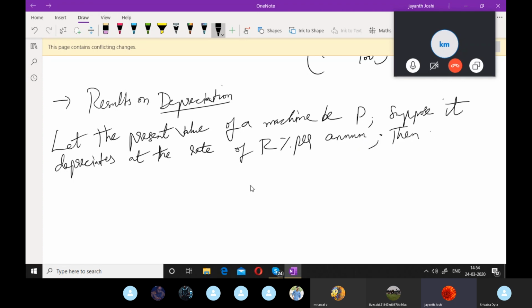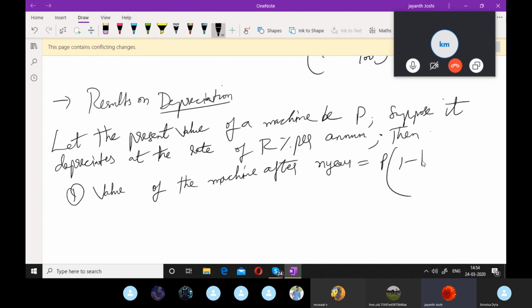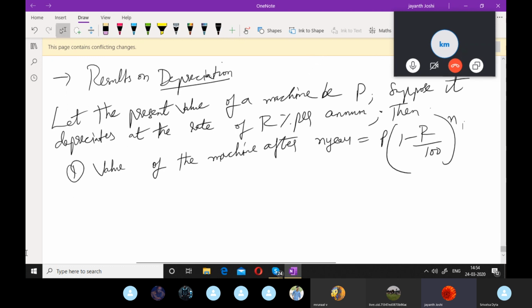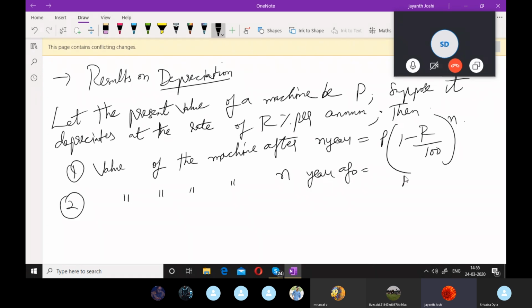Then the first one: value of the machine after n years is equal to P into (1 minus R by 100) whole power n. And the second formula: value of the machine n years ago is P divided by (1 minus R by 100) whole power n.